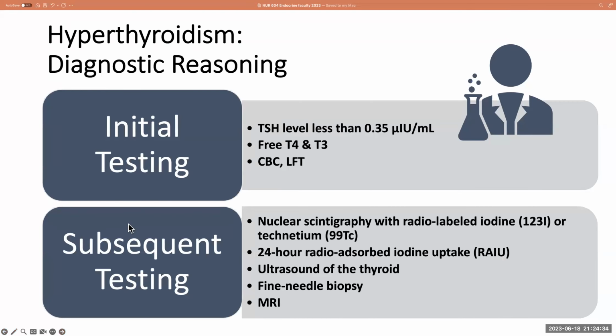So your initial testing, we talked about this, you're going to do that TSH level, which will usually be less than 0.4 or 0.35. I've got a free T3 there, but really a free T4 is what you need. So you're going to have an elevated free T4.